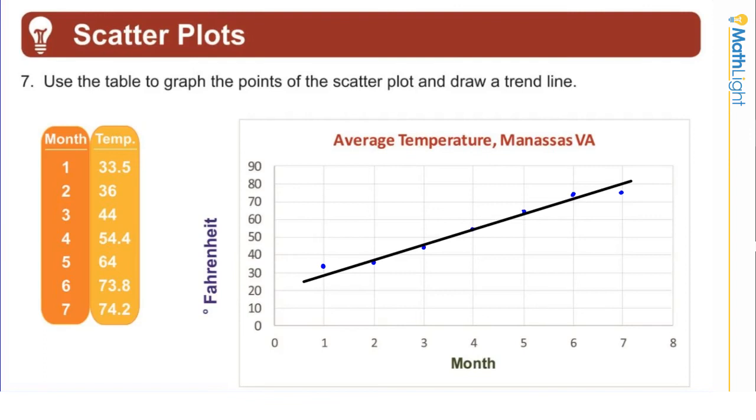And we could interpolate data within the first and the 7th month, or extrapolate, but I wouldn't extrapolate too far because as we get into fall, temperatures will start coming down. All right, but that's the idea of drawing a trend line, and hope you did well with that.